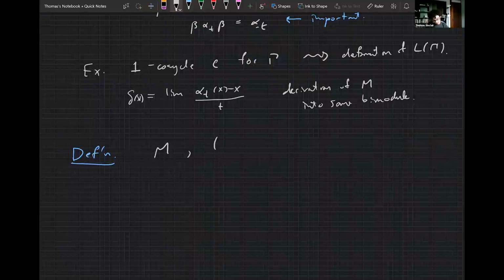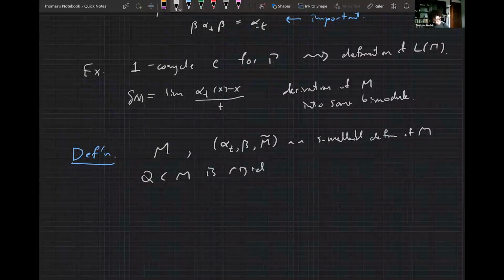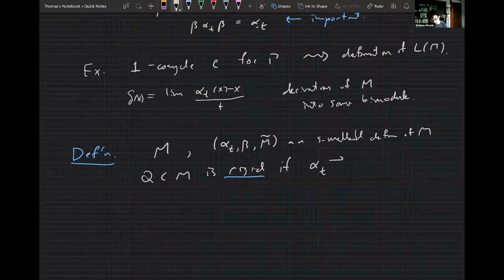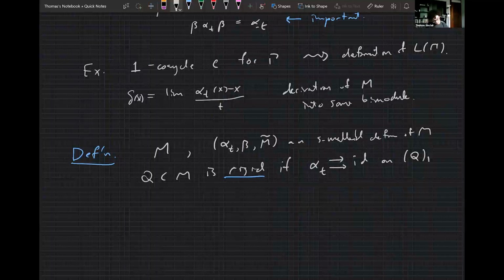I'm going to have M, and this s-malleable deformation of M. We'll say that a subalgebra Q is rigid if alpha_t converges uniformly to the identity on the unit ball of Q, in the 2-norm.